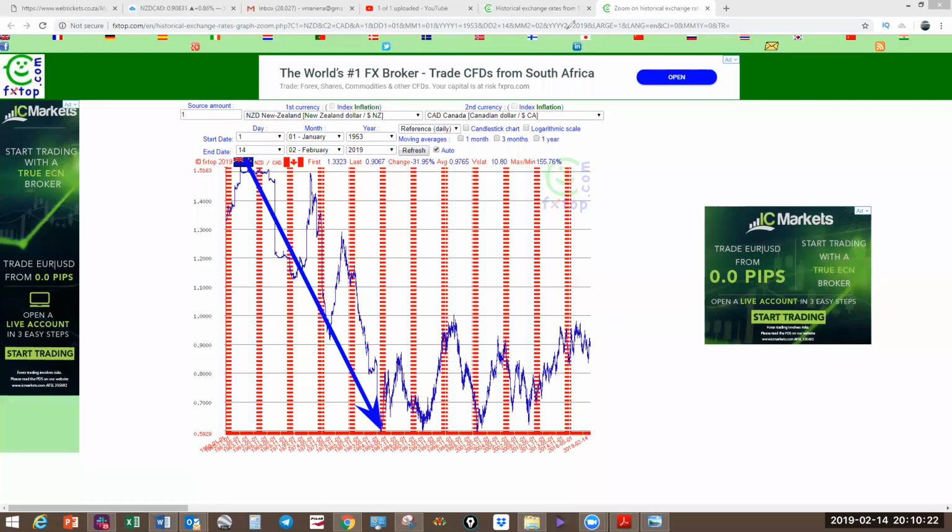Okay, so this structure here is sort of breaking the rules because here I'm seeing an impulsive move, 1, 2, 3, 4, 5. There's another impulsive move, 1, 2, 3, 4, 5. This looks corrective. So what you have here looks like 1, 2, 3, 4, 5, correction, 1, 2, 3, 4, 5, down.